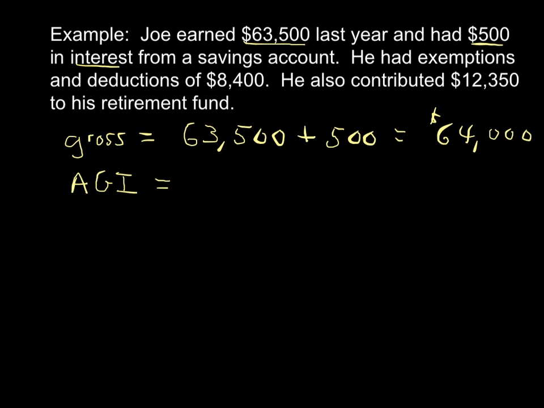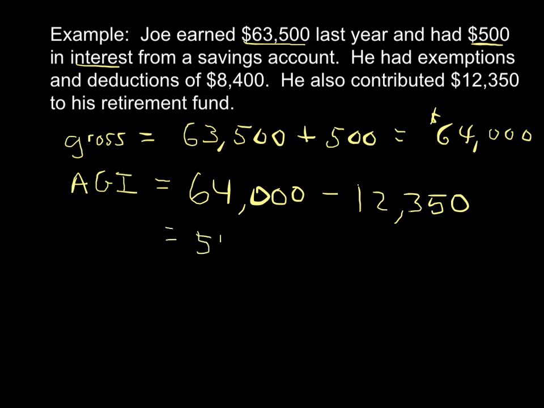So $64,000 minus what he contributed to his retirement fund, which is the $12,350. So I can take that off, and that gets my adjusted gross income to be $51,650.